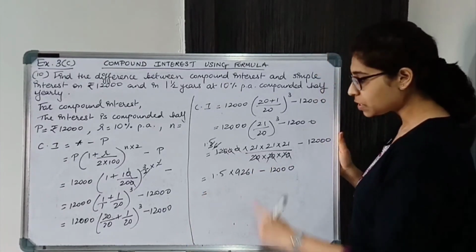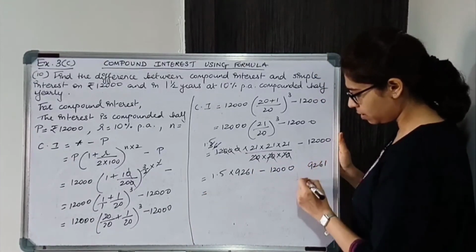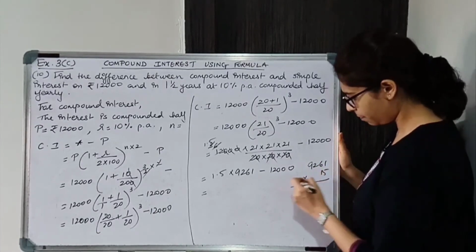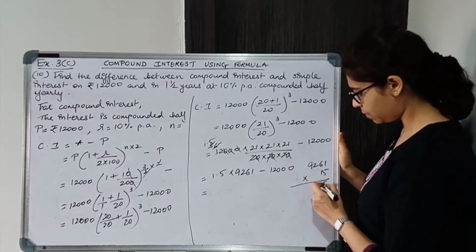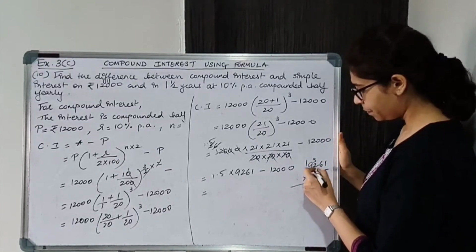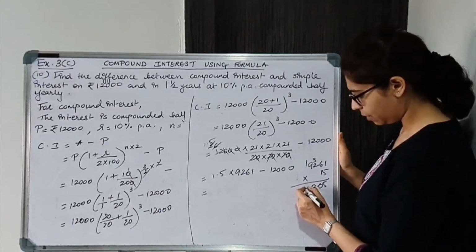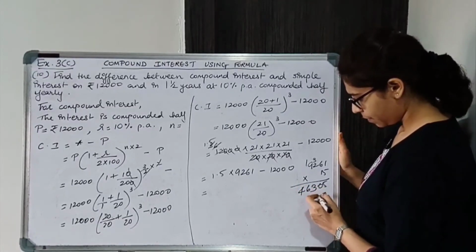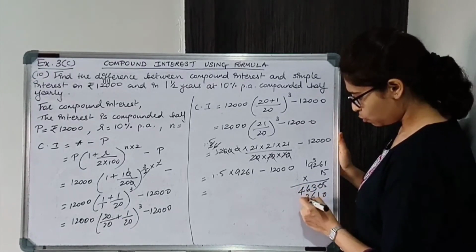Okay, so 9261 into 15. So 5 1s are 5, 5 6s are 30, 5 2s are 10 plus 3 is 13, and 9 5s are 45 plus 1 is 46.